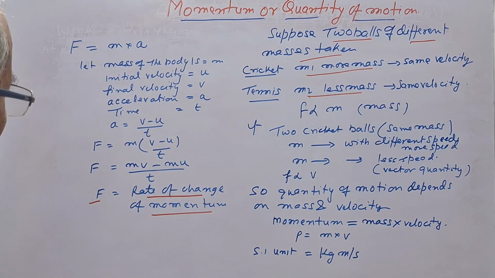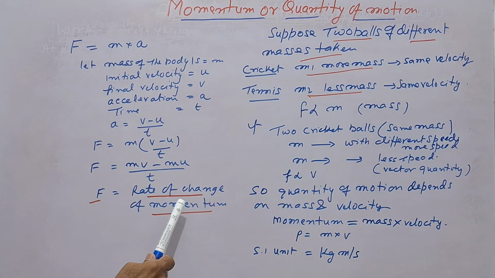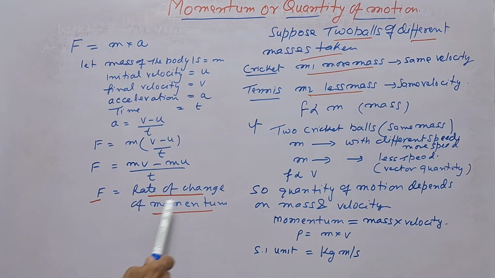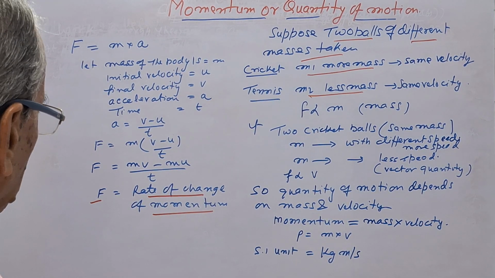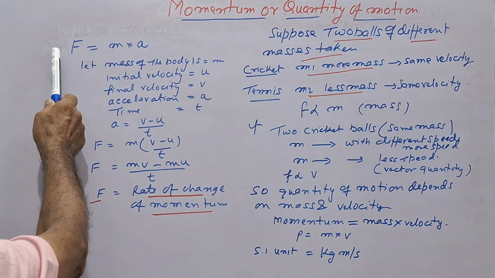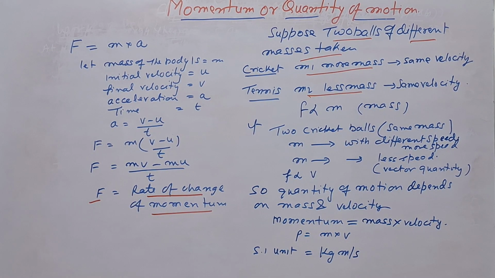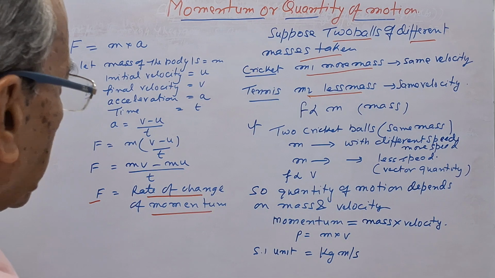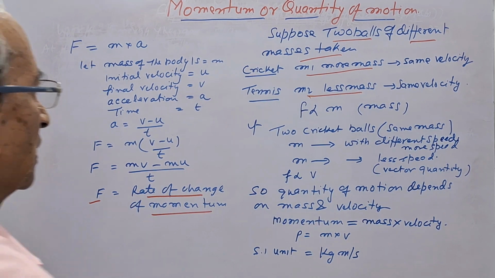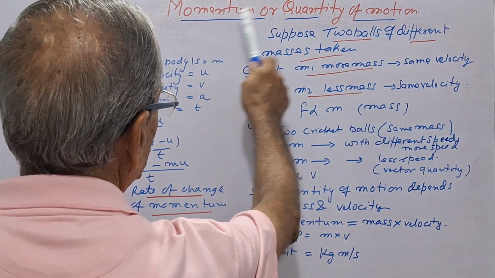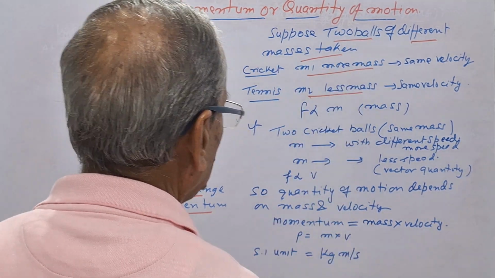So the relationship of force and momentum is that F is equal to the rate of change of momentum. So force is equal to the rate of change of momentum. It is a very good definition of momentum.